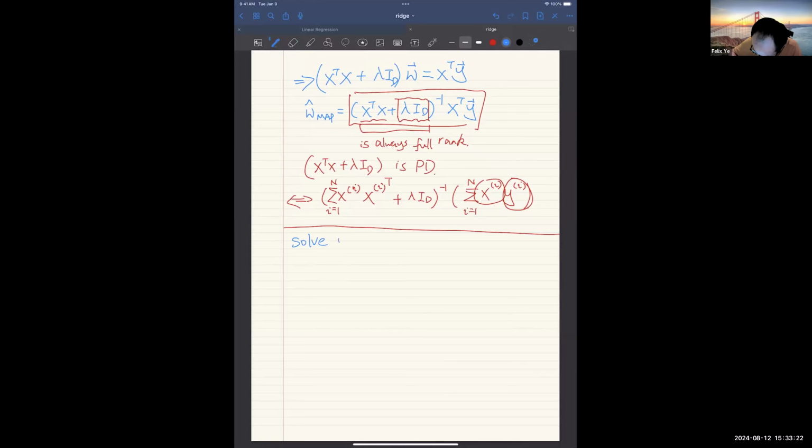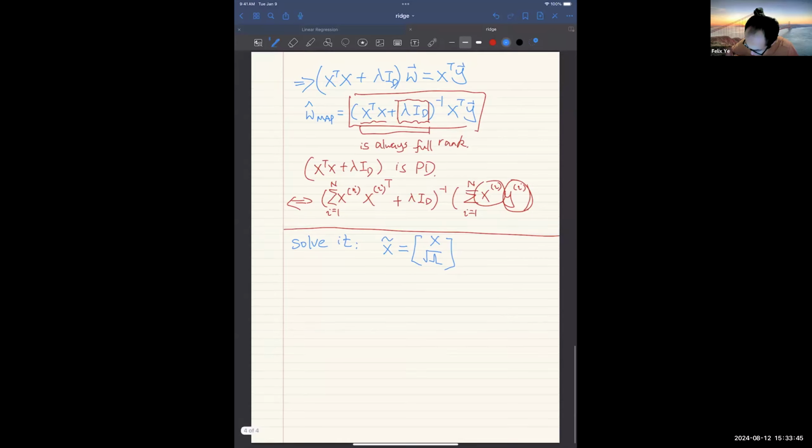And the way we do it is we're going to create a new X2, which is X, and we put a square root of lambda. What is this lambda here?